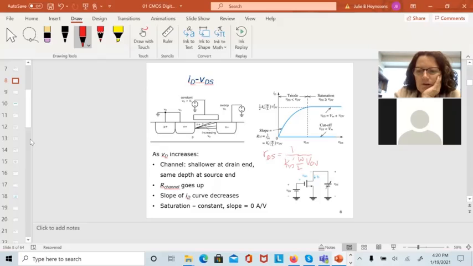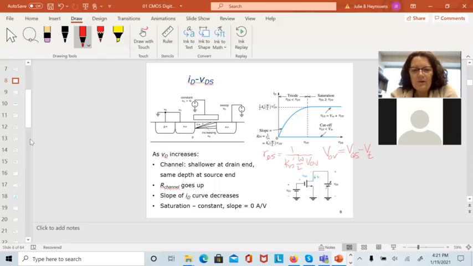And VOV, if you don't remember from 280, is an easy shortcut for a lot of these problems. It's simply the difference between VGS and VT. So the conductance is proportional to how big VGS is.